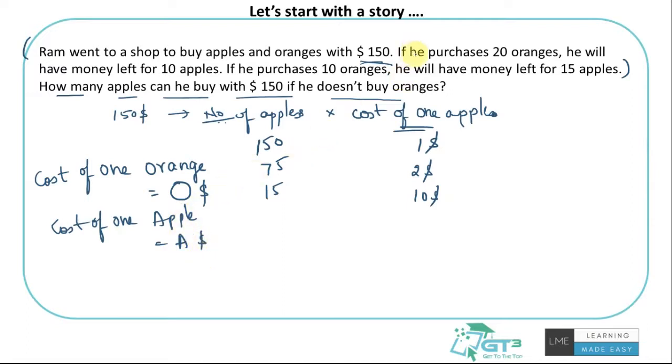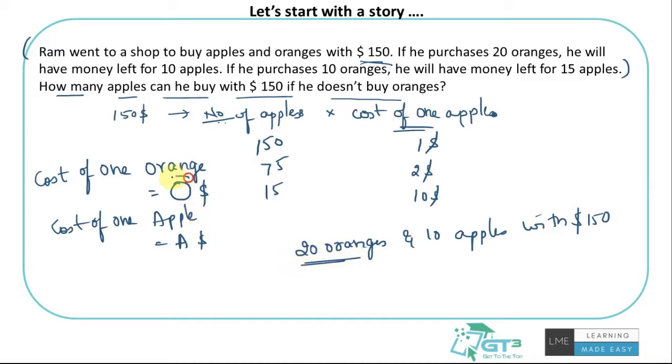If he purchases 20 oranges, he will have money left for 10 apples. That basically means Ram can buy 20 oranges and 10 apples with $150. How much would he spend on 20 oranges?